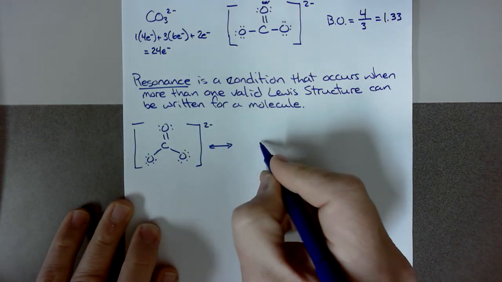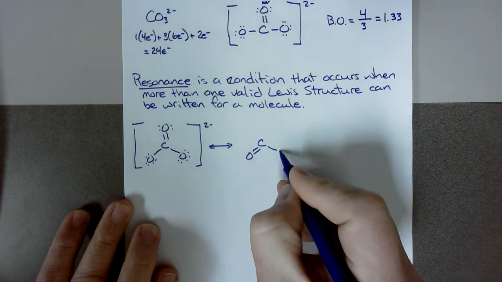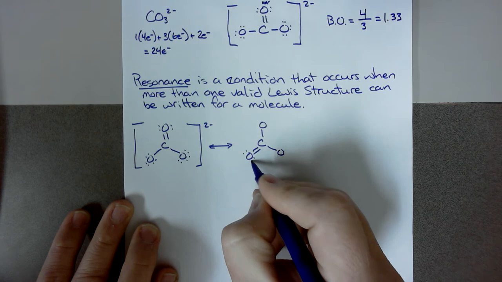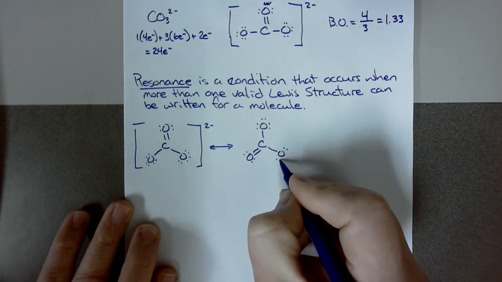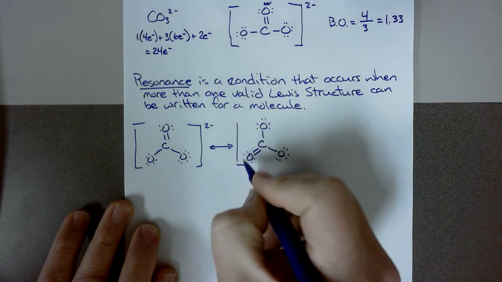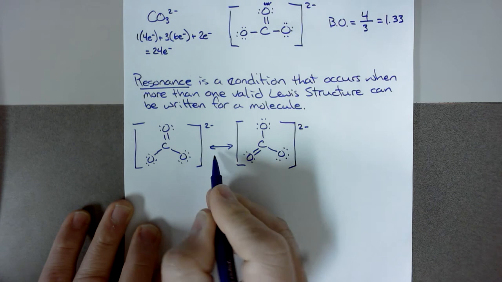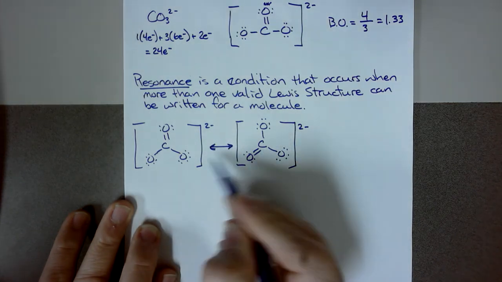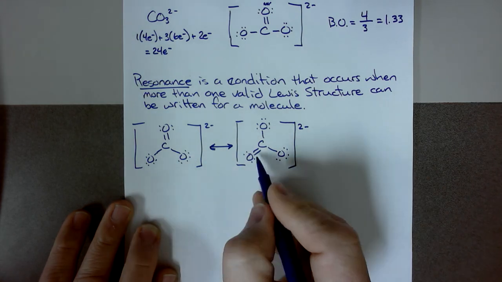So we're going to have a carbon, double bond, oxygen, single bond, oxygen, single bond, oxygen. And yes, you have to draw the double-headed arrow because that means that these are equal to each other and these electrons are equally shared between these bonds.